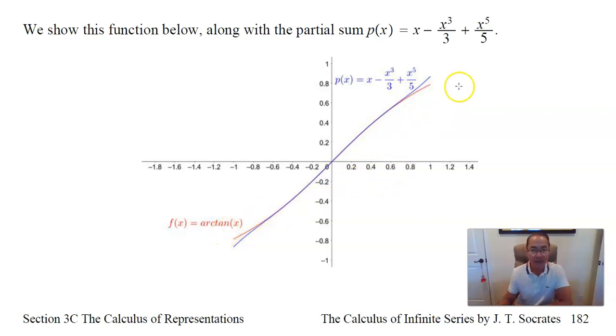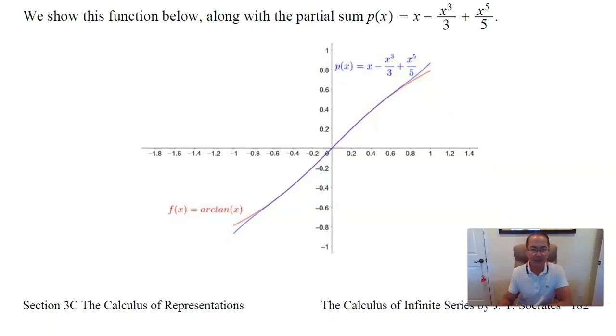But our representation is valid only between -1 and +1. Arctangent 1 is pi over 4, which is approximately 0.8, or 79 something. Of course, this is slightly higher than that point. They don't have to exactly match.